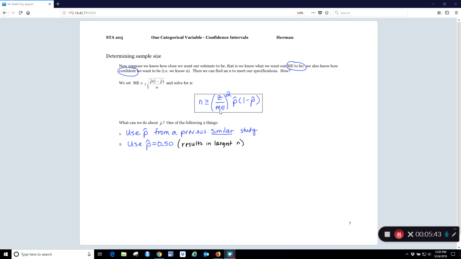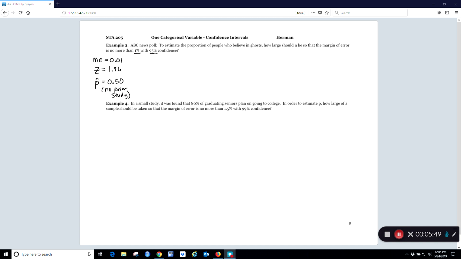I know my z, I know my margin of error, I know my p hat, and I'm trying to solve for n. So my n will need to be at least as big as our 1.96 over our 0.01 all squared times our p hat times the 1 minus p hat.